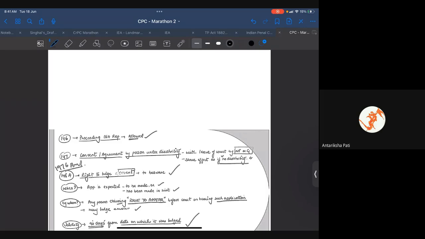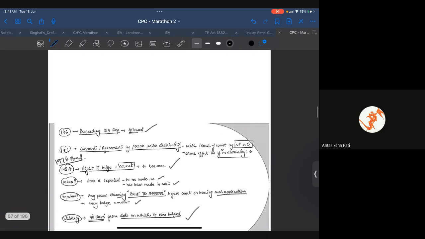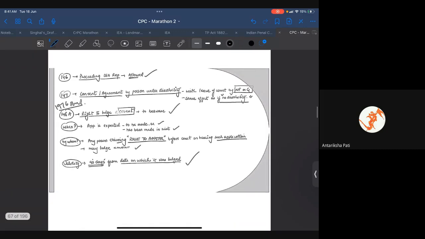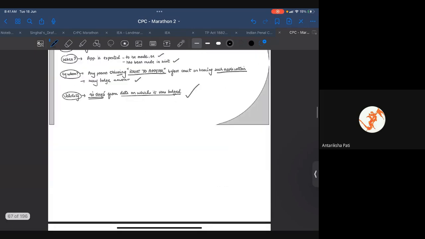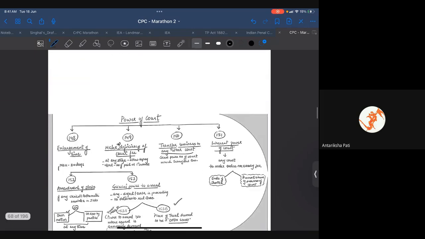So here if the applicant is expecting that yes, any application is to be made or has been made in the suit, then any person claiming the right to appear before the court on hearing such application may lodge a caveat. It will say that you give a notice to me before passing any order. So it will be valid from the date when it was lodged up to 90 days. Otherwise, you have to file a fresh caveat.